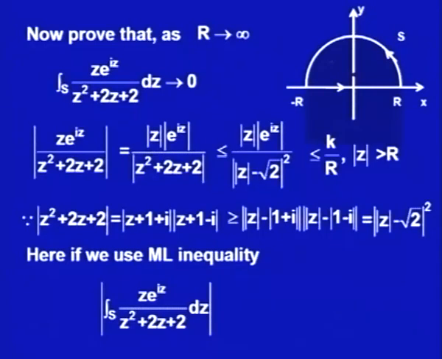Length of arc here would be πr. So what we are getting is that this is bounded by a constant. Now, this constant is independent of r. So now if I put the limit as r approaches infinity, this constant is not going to change.